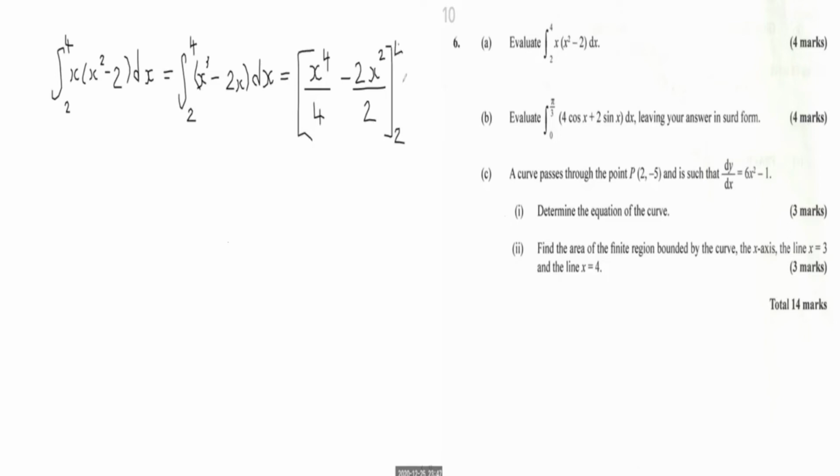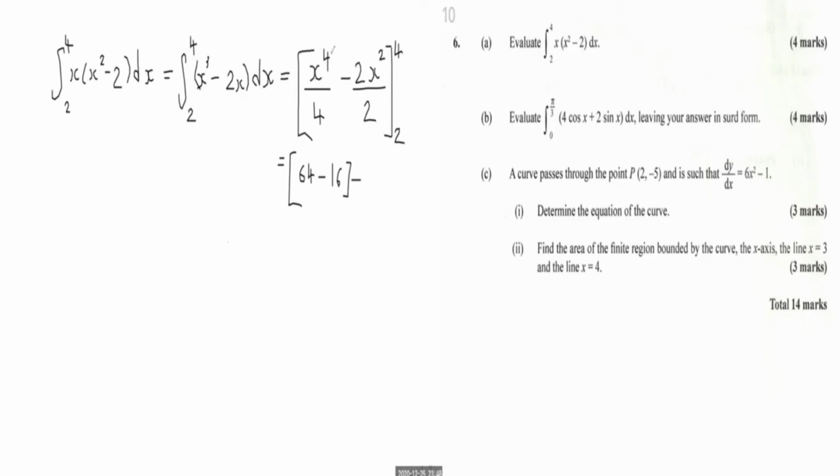Since we're integrating from 2 to 4, we just plug in 4 first. When you plug in 4, what you're getting is 4 to the 4th power, which is 256, divided by 4. This works out to be 64 minus, we'll put in 4 here. 4 squared is 16, so I get 64 minus 16.